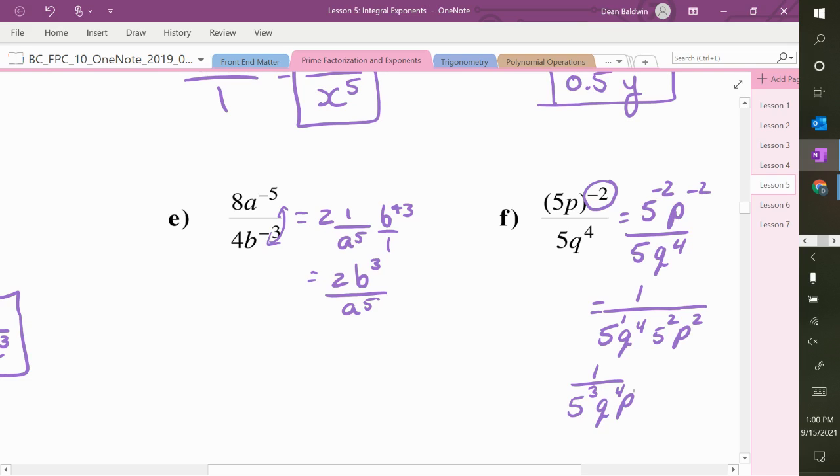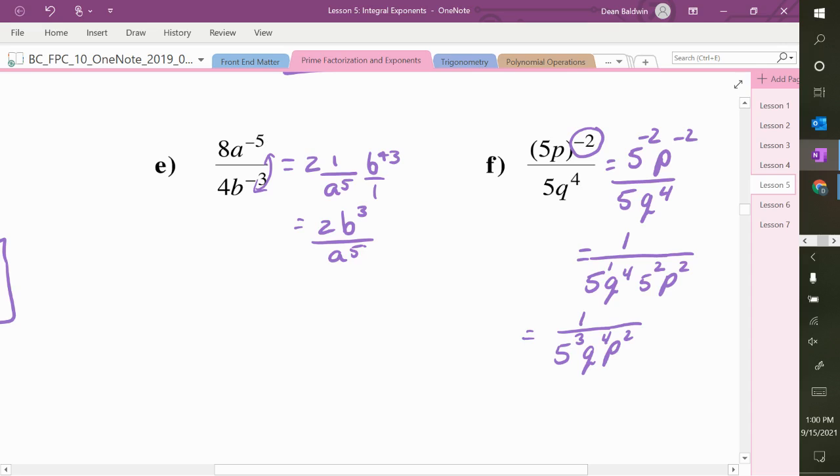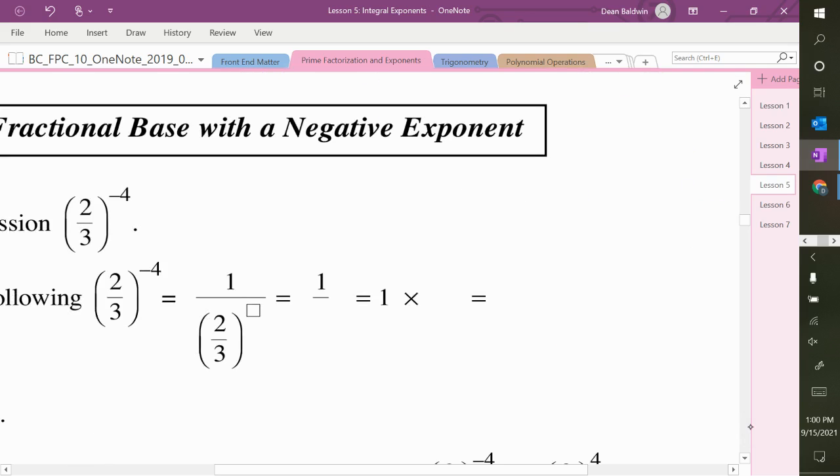The Q to the 4 and the P squared stay the same. Anybody know what 5 cubed is? 125? Yes. So it's 1 over 125 Q to the 4 P squared.